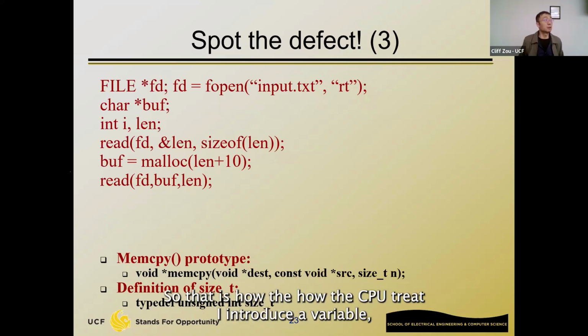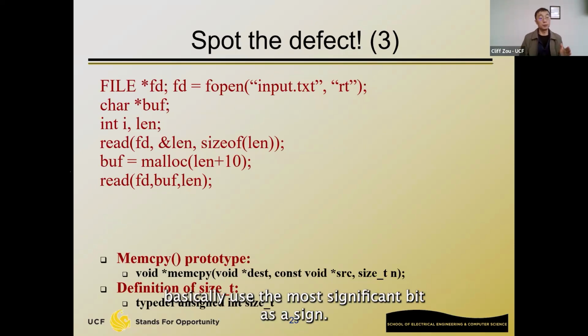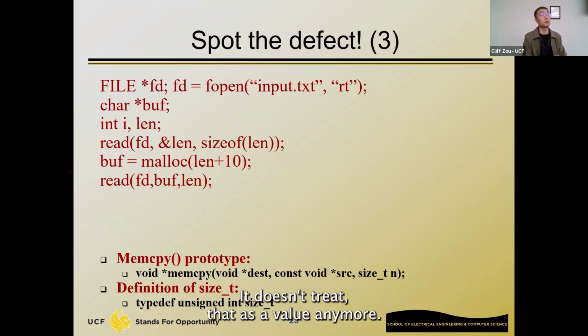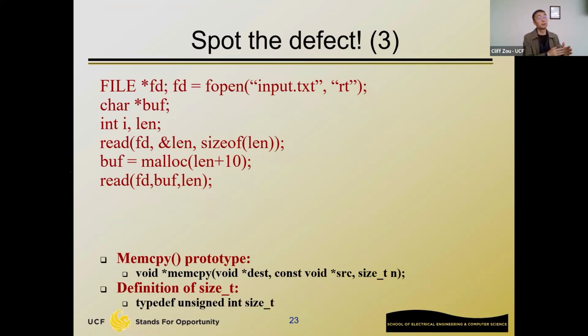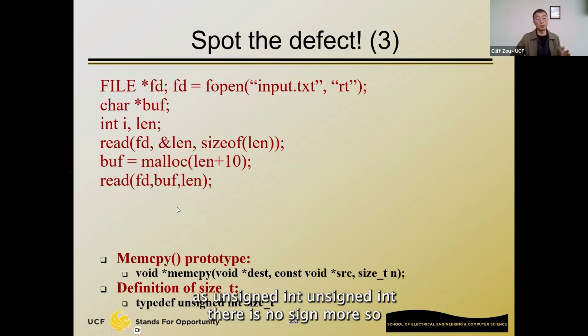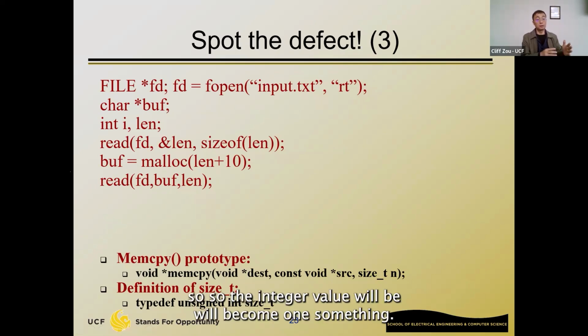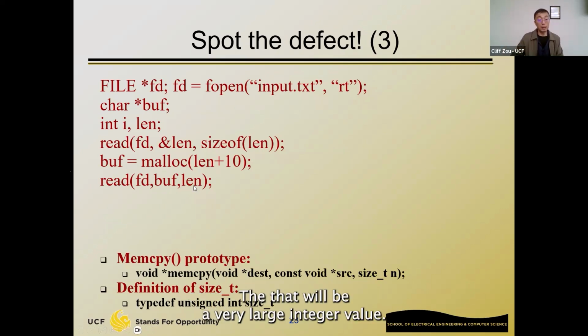That is how the CPU treats an integer variable. It uses the most significant bit as a sign. It doesn't treat that as a value anymore. So if this length is -5, the most significant bit is 1. And when this is treated as unsigned int, there is no sign anymore. So the integer value will become 1 something, and that will be a very large integer value.